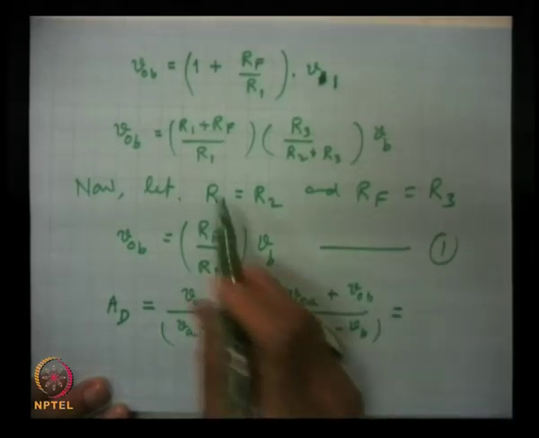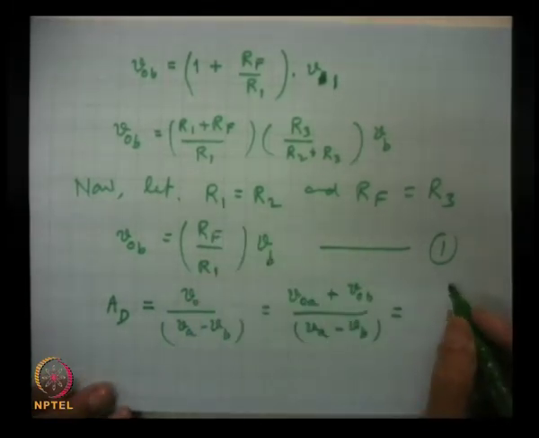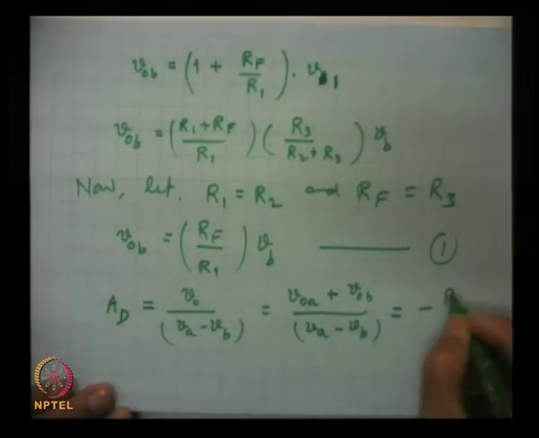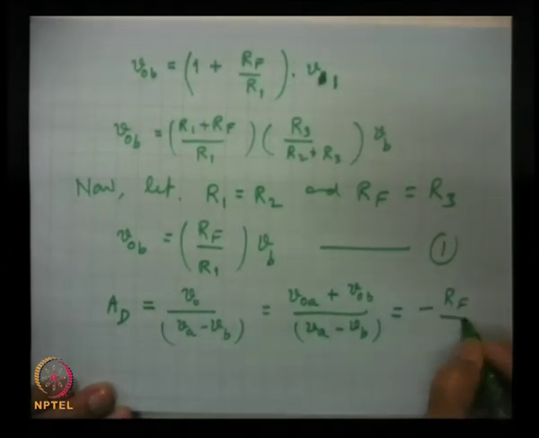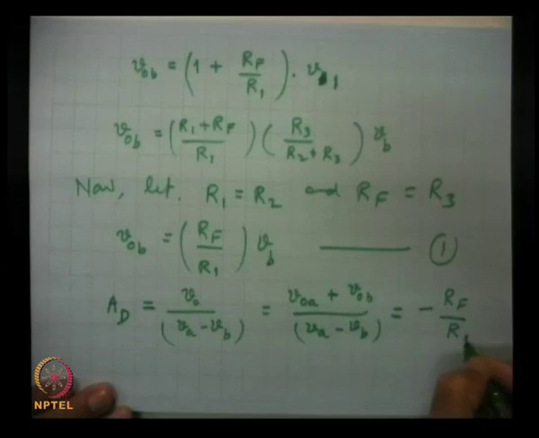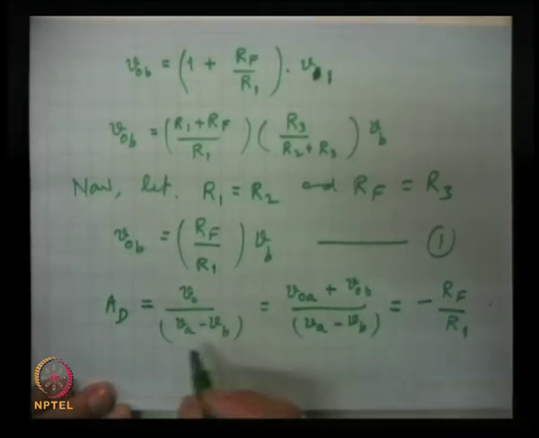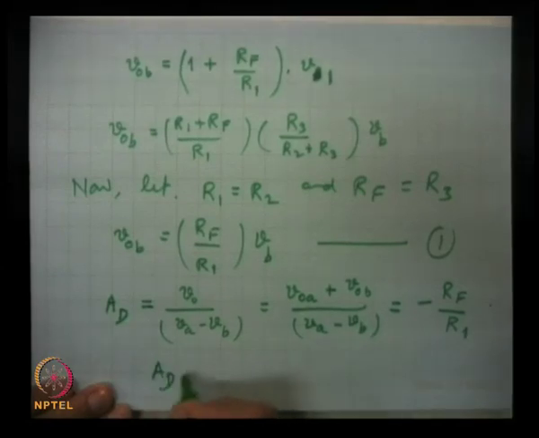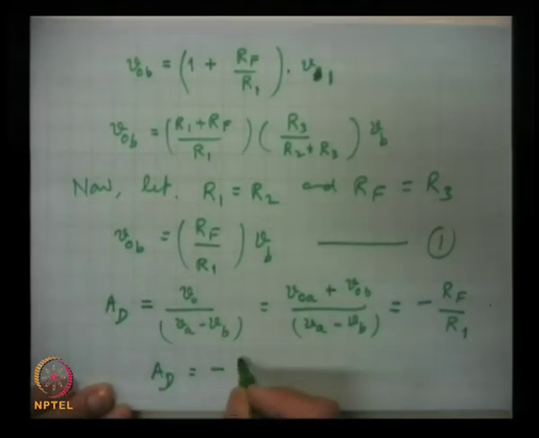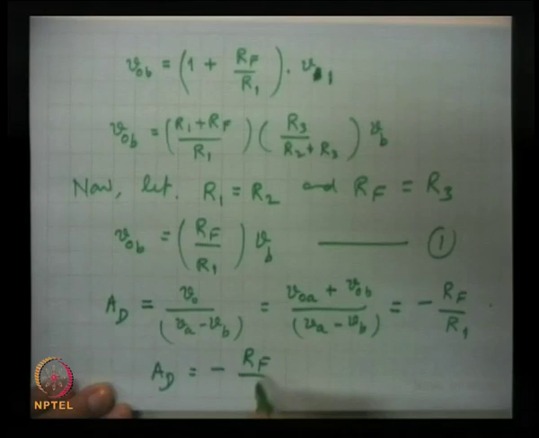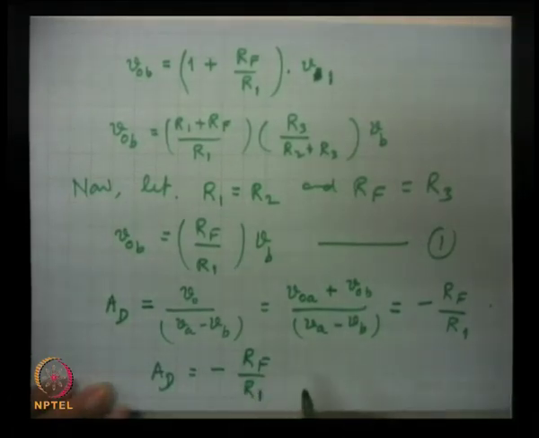using 1 and 2, it comes out to be RF by R1. That means the gain AD is equal to minus RF by R1.